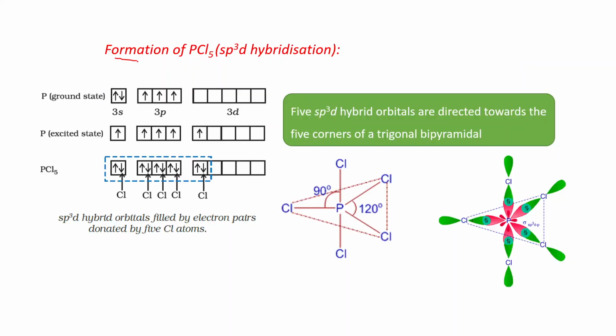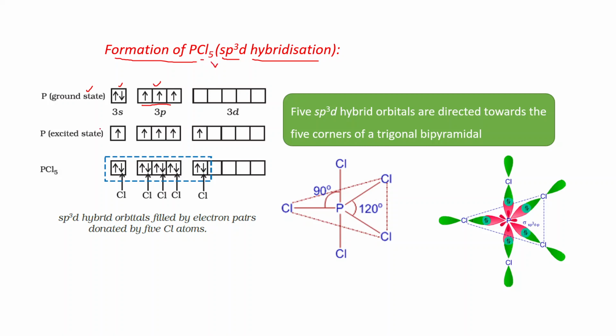First come to formation of PCl5, where phosphorus undergoes sp3d hybridization. In the ground state, the outermost electronic configuration of phosphorus is 3s2 3p3. In the ground state only 3 half-filled orbitals are there, but phosphorus is forming 5 bonds.